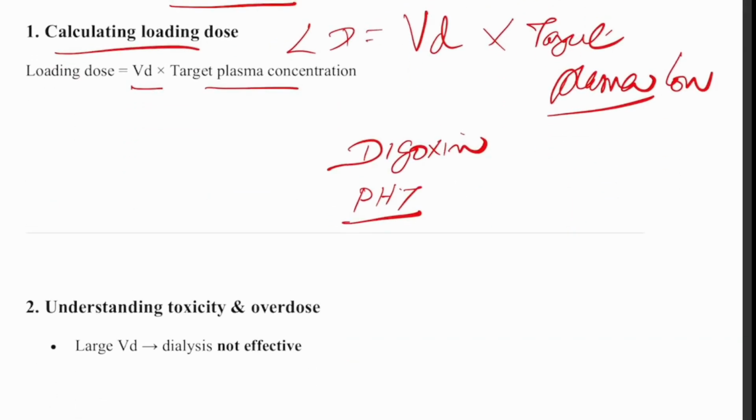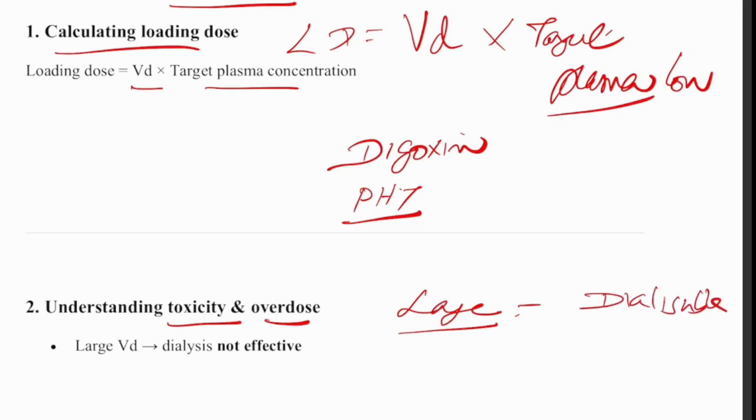So second usefulness is understanding toxicity and overdose. Large volume of distribution, as explained, they are not dialysable. So digoxin is not dialysable. Small volume of distribution is usually dialysis effective. Example, lithium.